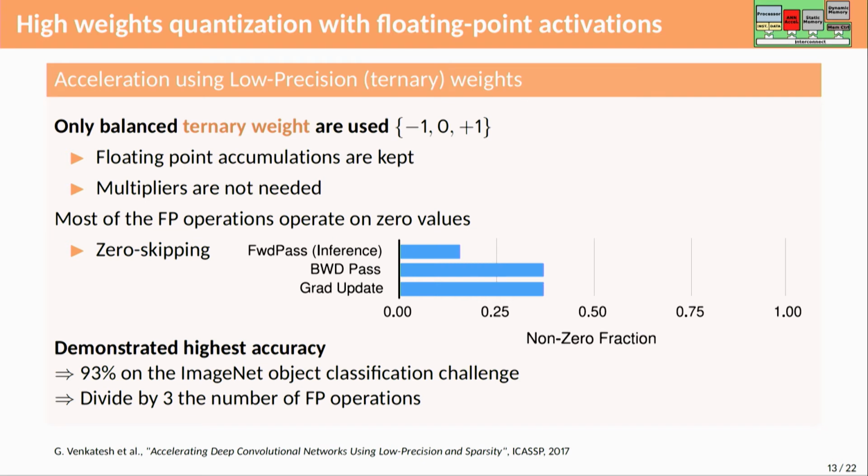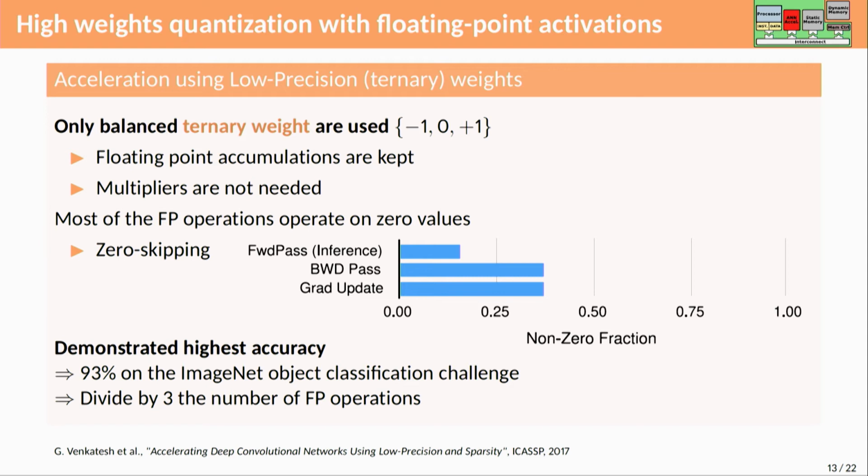Instead of using 4 bits, they are trying to use only 2 bits, to use ternary weights. Ternary, balanced ternary, means -1, 0, and +1. So here we still have the floating point accumulation, but there is no multiplier anymore. And furthermore, when you look at the values of the weights, you can see that on average, for the inference part, only something like 20% of the weights will be non-zero.